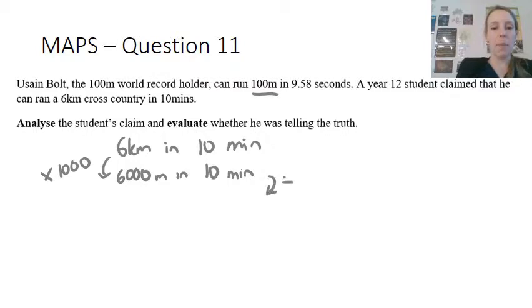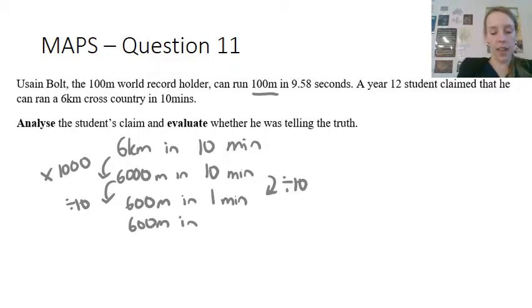So I'm going to divide that by 10 to find out how far he can go in 1 minute. So 6,000 divided by 10 is 600 metres in 1 minute. But again, I want it in seconds, so I'm just going to convert that 1 minute to seconds, which is 60 seconds, because there's 60 seconds in a minute.